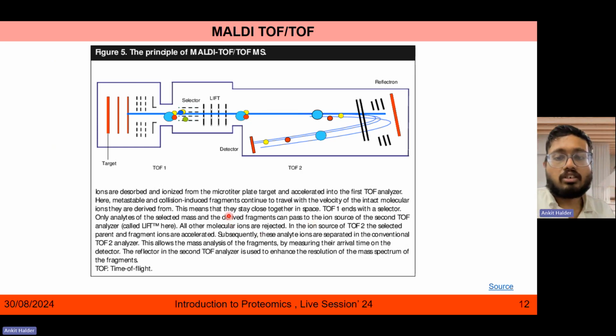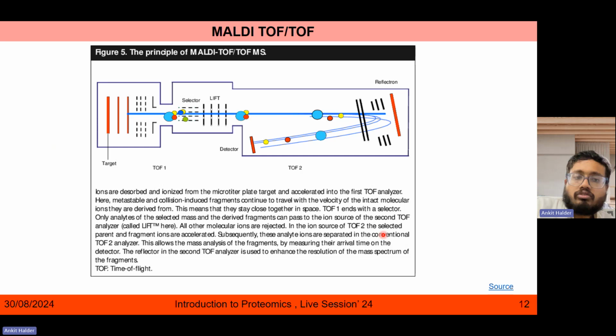In the first TOF, if you are not giving enough space, they remain quite close to each other, but you select those particular masses. Only those ions pass through the selector to the second TOF. Others are not allowed to pass.